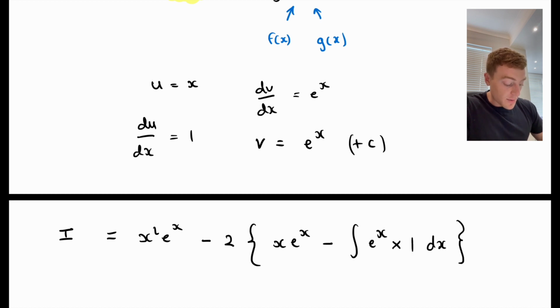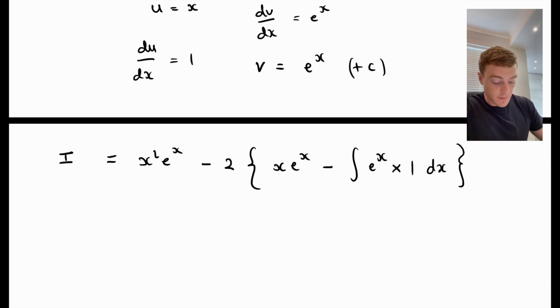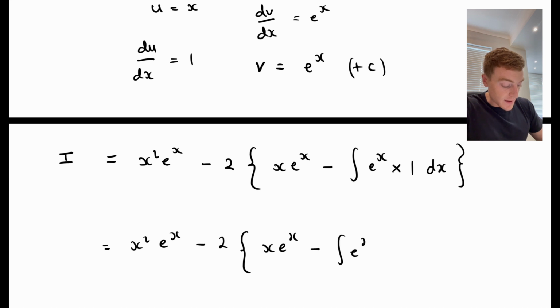And I've just put curly brackets to show that this is the part where I've applied the integration by parts formula again. So we get x squared e to the x minus 2 lots of x e to the x minus the integral of e to the x dx.